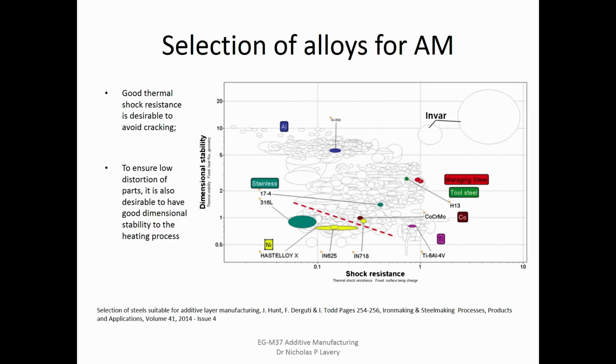And it was interesting because it does show, where they've drawn that line, some of the more common alloys, which are very processable, and which all the machine makers tend to work with. So you've got 316, and you've got 17-4 PH, and the Inconels are well known for being very easily usable. And Ti64 is not far off that line there.